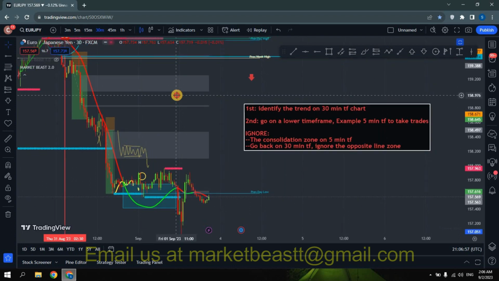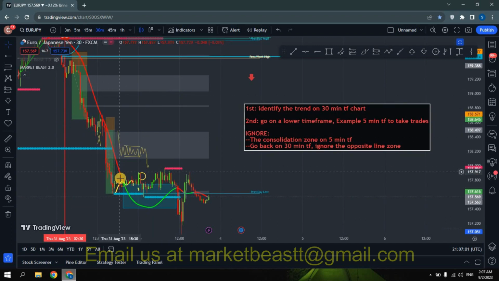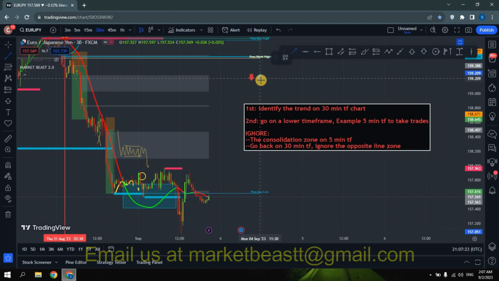What I mean by opposite line zone, we are in a downtrend, this red line is going, and suddenly the candle formed above this line and the line goes green, which means it is our opposite zone. So our opposite zone is this green thing.